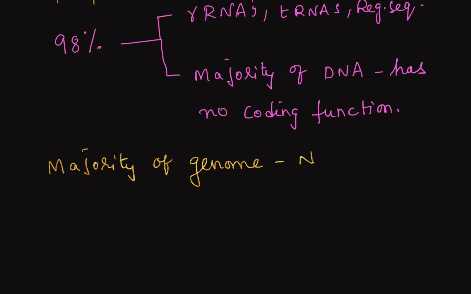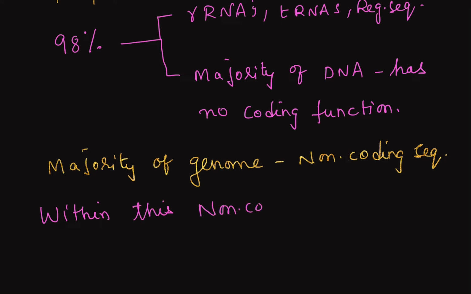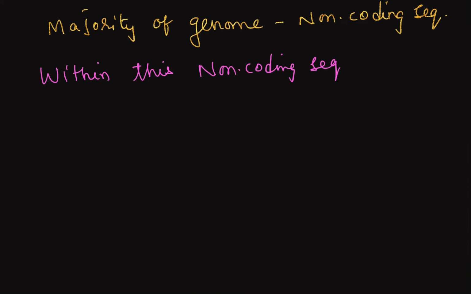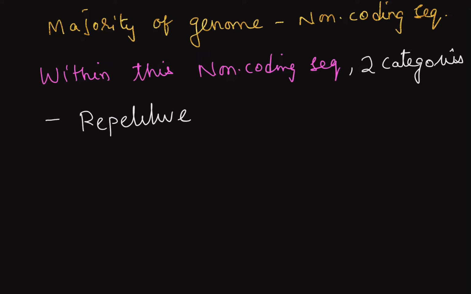Again, within these non-coding sequences you have two categories: repetitive sequence DNA, and the second category is non-repetitive DNA.